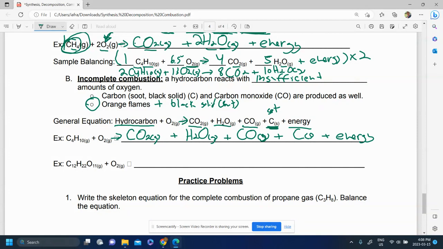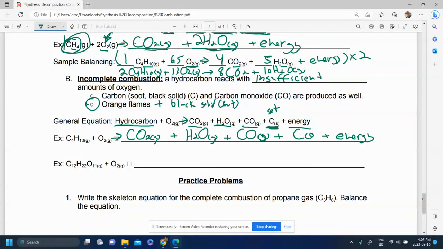However, if I had said this was a complete combustion with sufficient oxygen, you would have done basically everything the same, except only put H2O and CO2 and not put the CO and C. So it's just remembering there's two additional products, the CO and the C, because they couldn't be completely combined into the CO2 since there was insufficient oxygen.